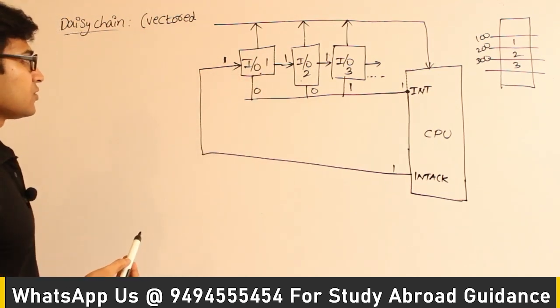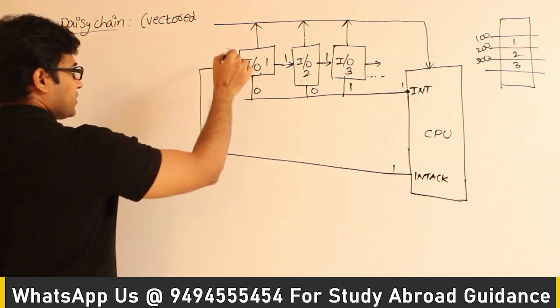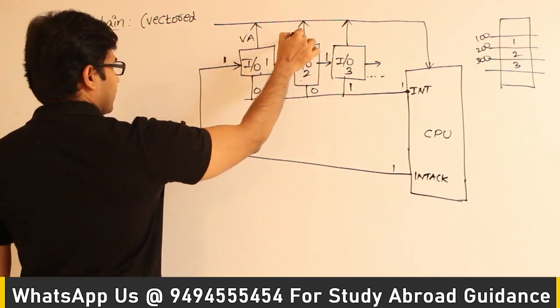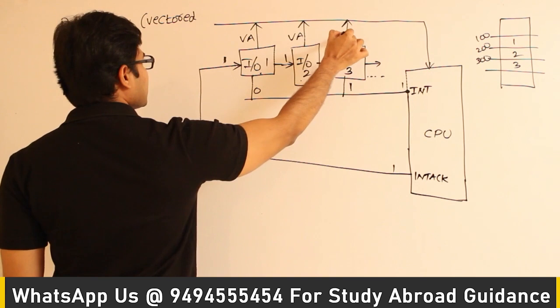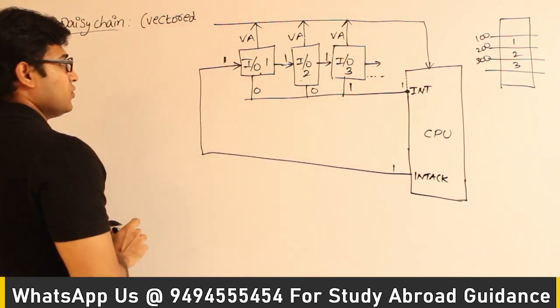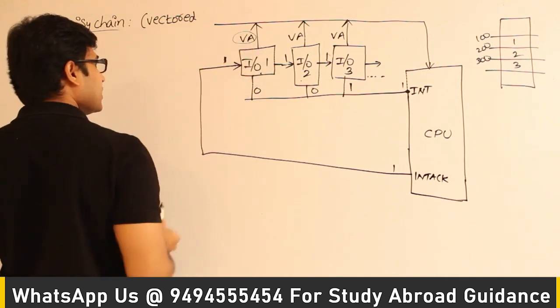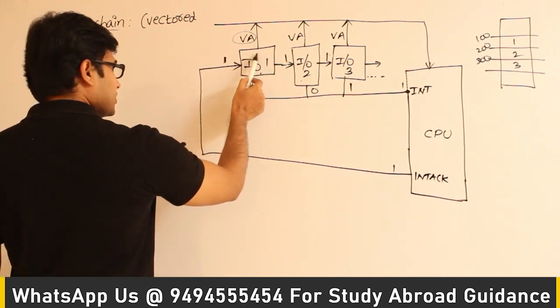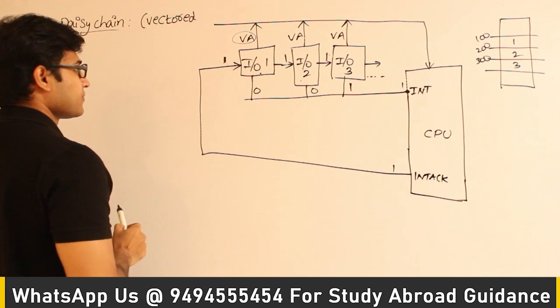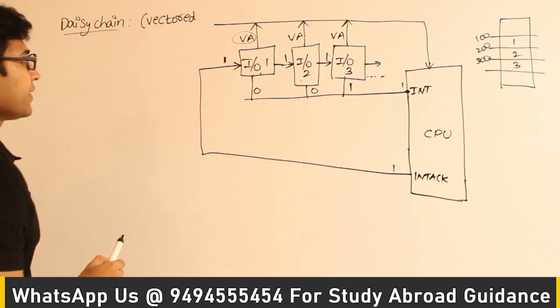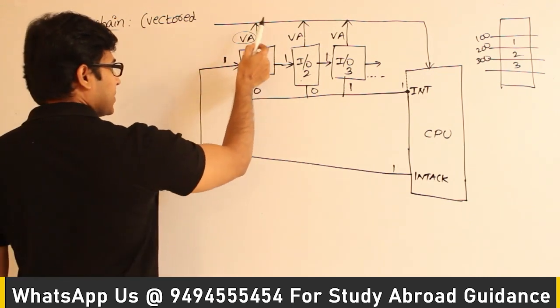So generally that is also called the vector address, right? Vector address means this is the address at which the interrupt service routine for this particular device is residing. Got it? So every device has to supply the address.